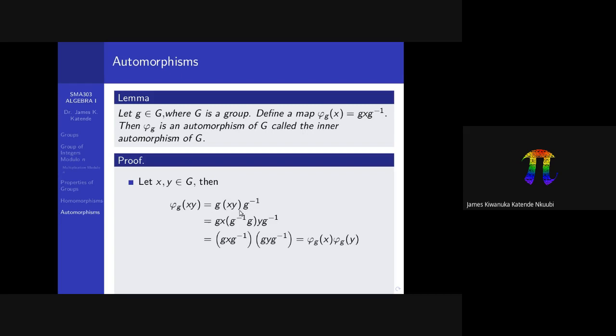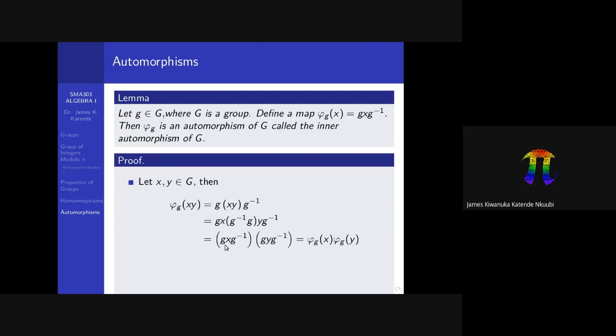But we can insert the identity element in between x and y in this form, g inverse g. g inverse g is just the identity element, so it doesn't change anything. And using the associativity of the binary operation in the group, because this is the product of elements in the group, you can just put your brackets anywhere.